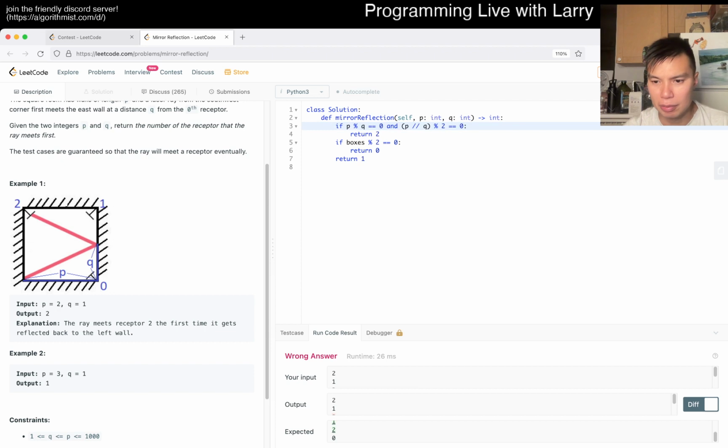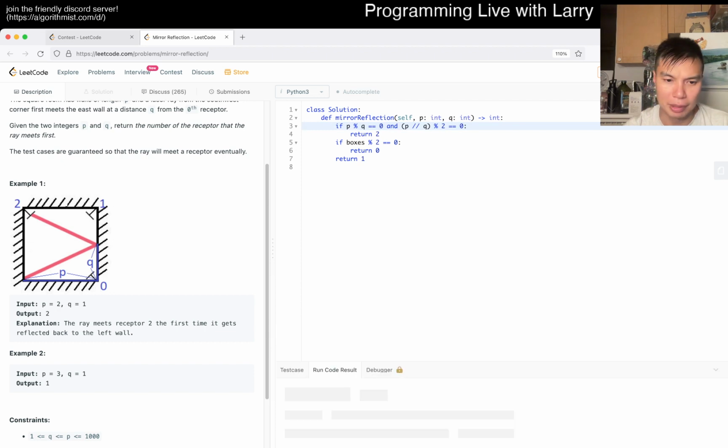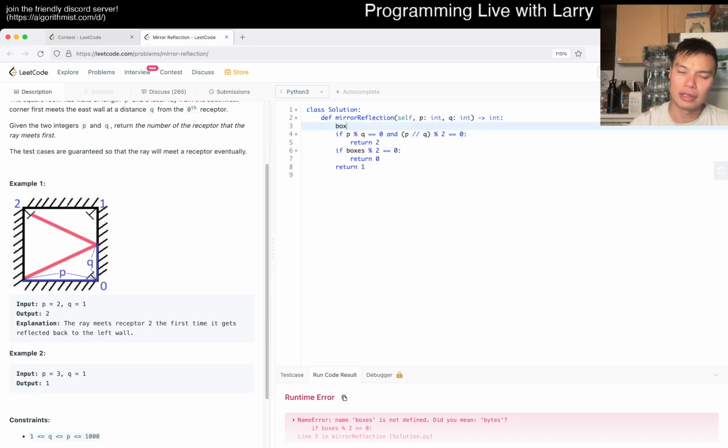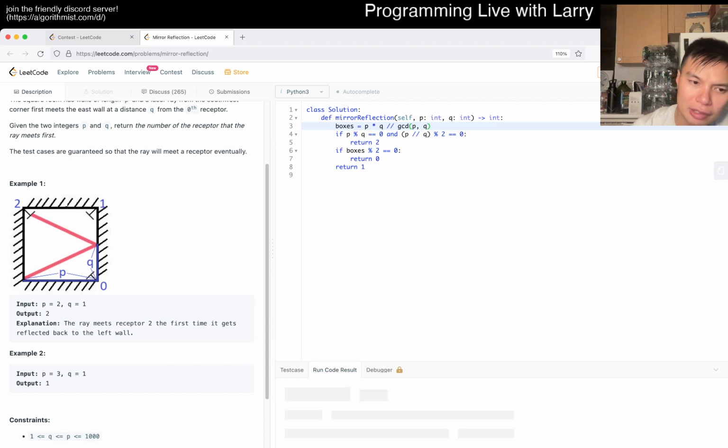All right, let me just run it real quickly, just in case I missed some other things. Oh, whoops. So I thought boxes was going to be the most common multiple, but for 1 and 3, p mods q.